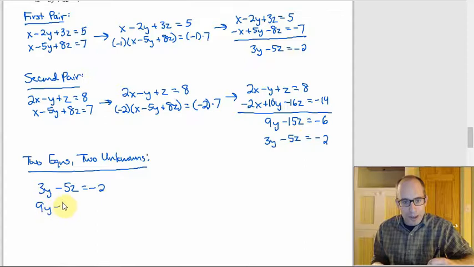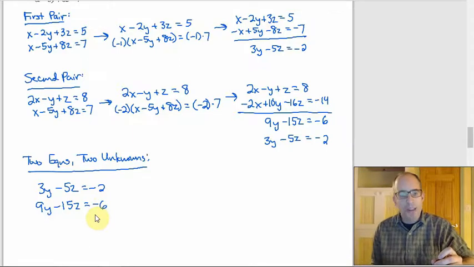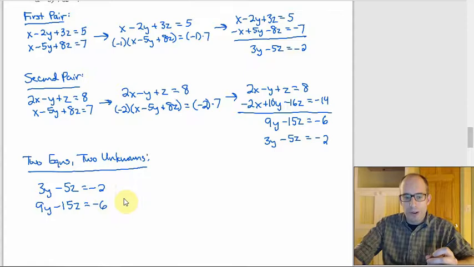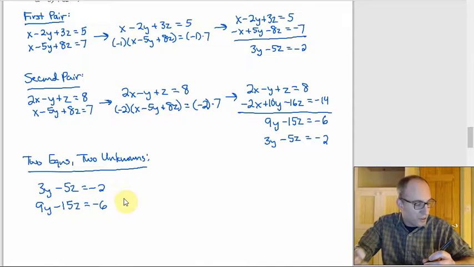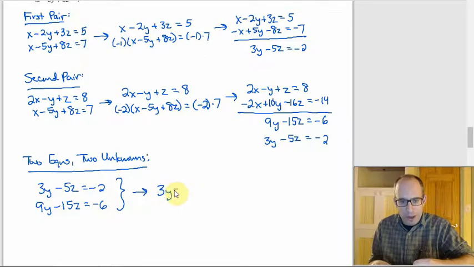Then you'd have 9y minus 15z equals negative 6. Well, at this point, if you didn't see that the second one is a multiple of the first, then if you tried to eliminate a variable, you're going to get 0 equals 0, because everything's going to be eliminated. You're not going to get additive inverses anywhere. So what you really want to do is, I think you'd be better off picking the one with the smaller coefficients. So you can't really solve this. All you can say is, well, we know that 3y minus 5z is negative 2.